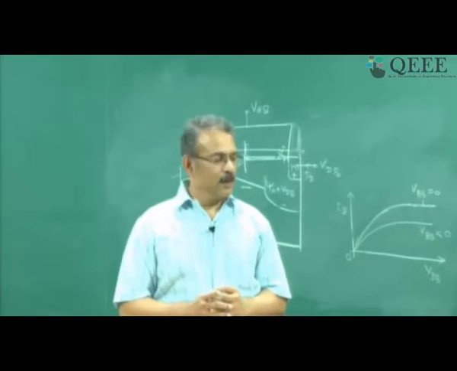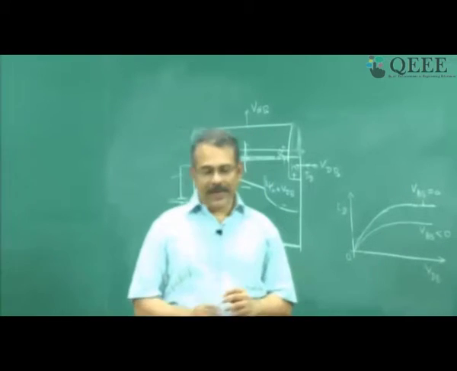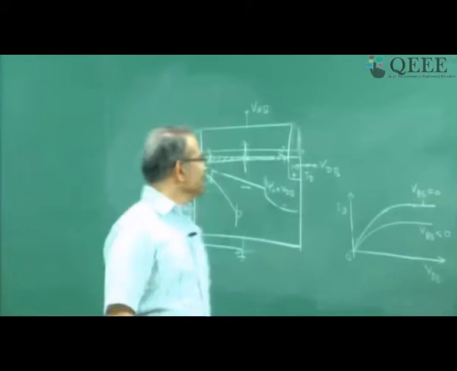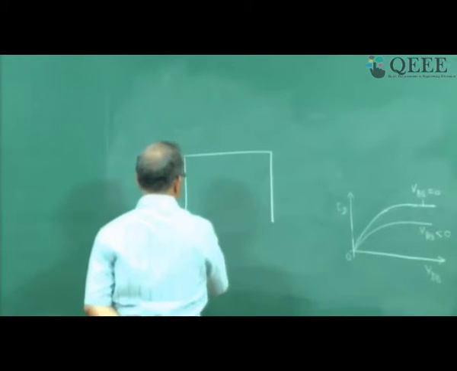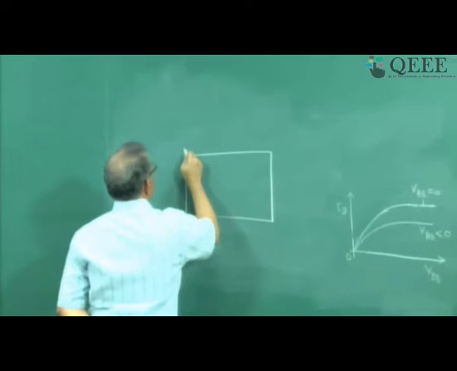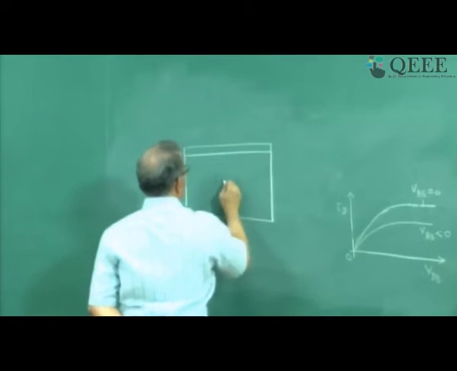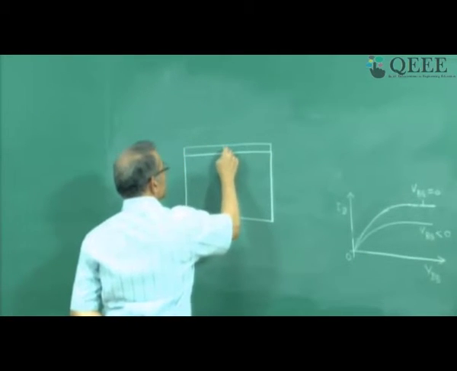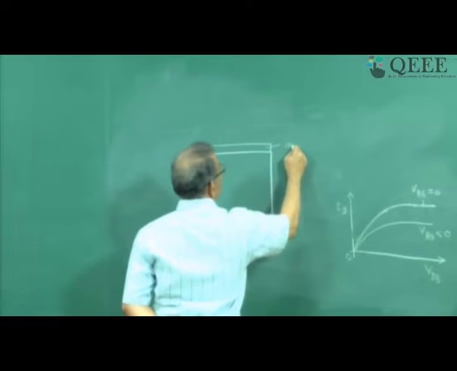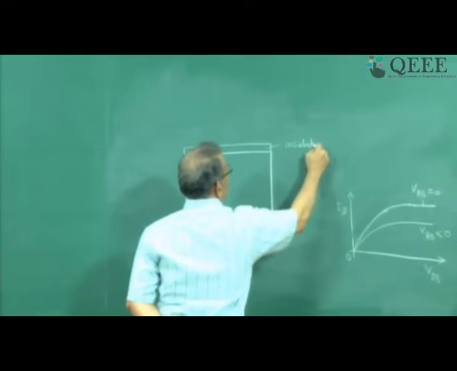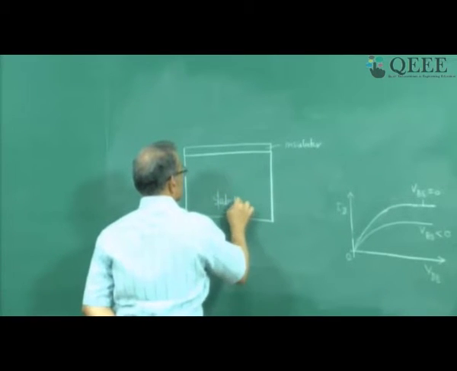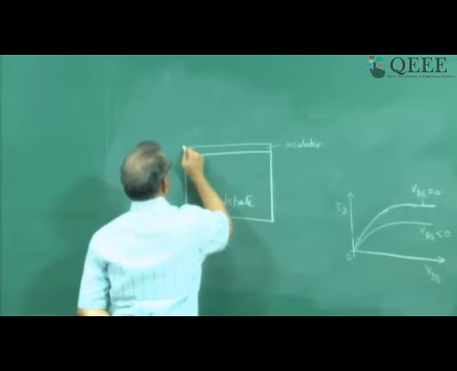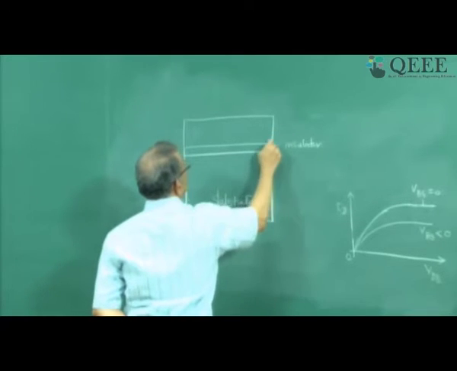Yes. Okay, actually you can use any insulator there. The important thing is you are depositing this insulator. This is the insulator. This is the substrate. And this is your gate, which is polysilicon.